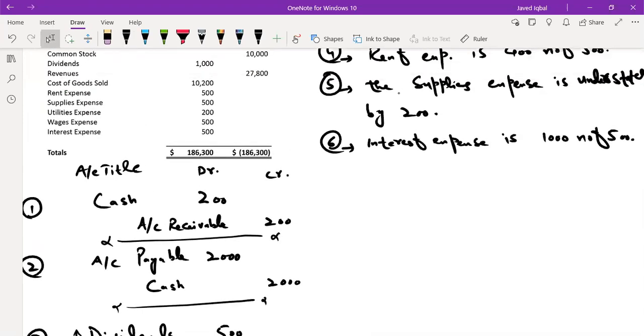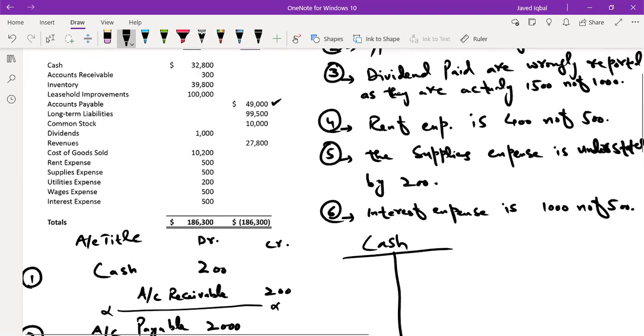Now look at the journal entries, which is the first step of your information assessment and recording. The second step is your T accounts. So you have to recalculate all the T accounts, especially for those heads which have been affected by these adjustments, such as cash, for example.